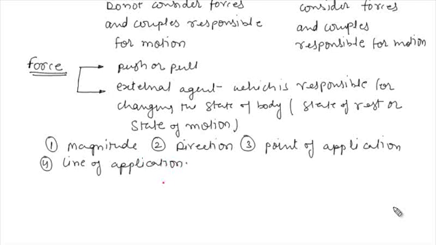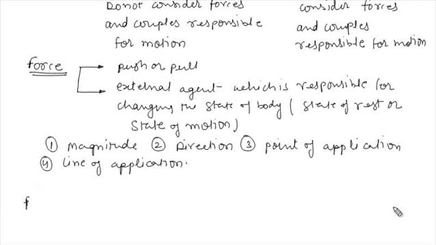Because force is a vector quantity, and for defining any vector quantity these things are required, especially magnitude and direction. But we are also interested in where we are applying the force and in which line we are applying it. So we are also interested in the point of application and the line of application.